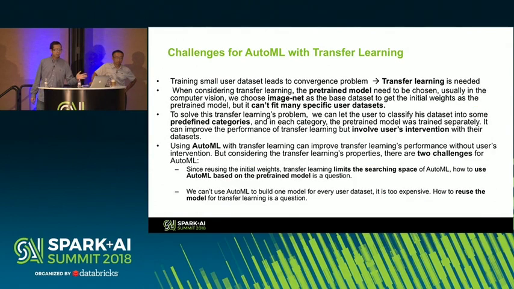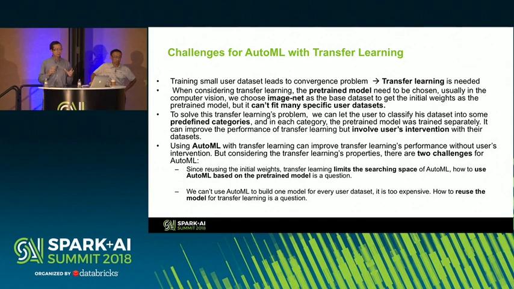Now let's turn to AutoML with transfer learning, and we consider these two important parts in combination. Training on a small user data set, as we know, leads to a convergence problem. When the user data set is very small, it is hard to converge. So transfer learning is needed, and we can reuse the weights, reuse the neural network or part of the neural network.